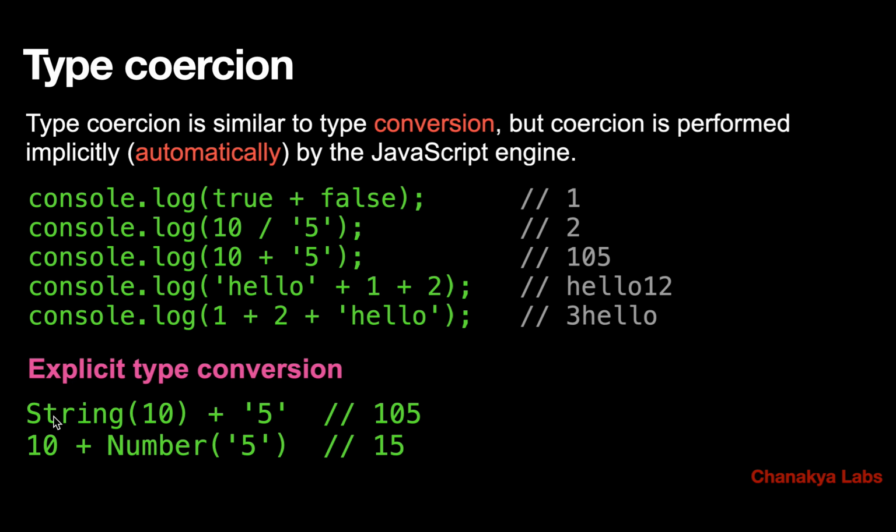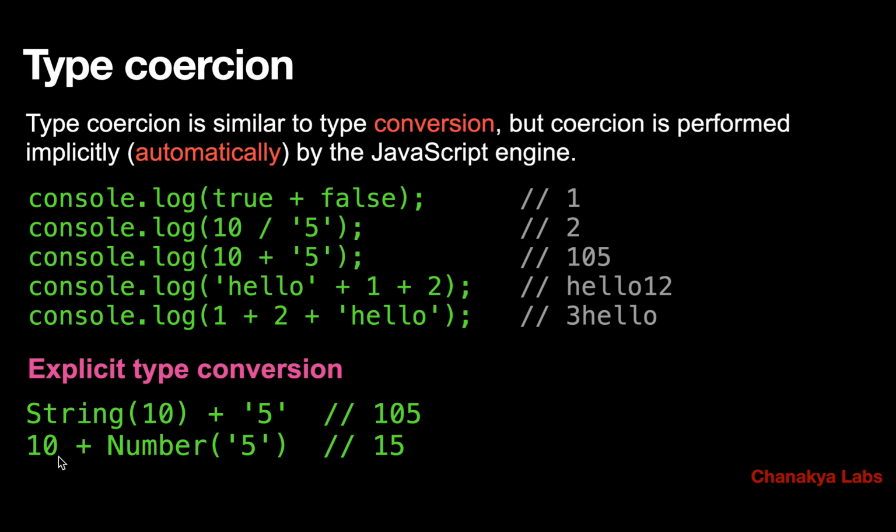So the syntax is String with capital S, a function, and if you pass something to it, it tries to convert that thing into a string, and then 10 string plus 5 is obviously 105. But in 10 plus 5 you don't have any control over whether it is going to do the 5 conversion or the 10 conversion. Actually it does the 10 conversion to string, but if you are explicit, then you have control over it.